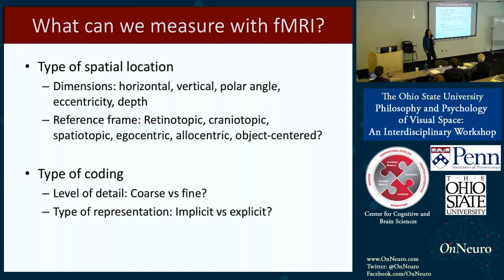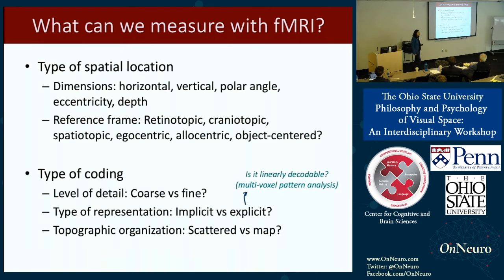We can also ask about the type of representation. Is this information represented implicitly or explicitly? To define what I mean by an explicit representation, the technical definition I'm using is whether it is linearly decodable. What that means is, can I look at the neuron or the voxel's response or the pattern of responses, and is there some information being conveyed explicitly by that pattern of neural activity that I can read out to decode something about the depth position, let's say.